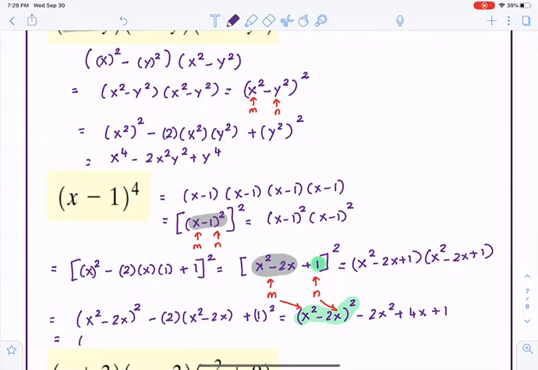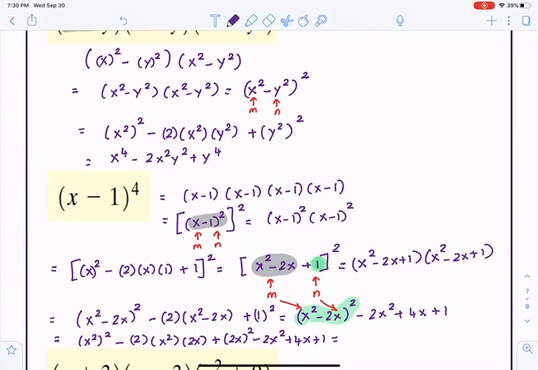That would be m squared minus 2 times m times n plus n squared. Keep in mind that we have terms negative 2x squared plus 4x plus 1.